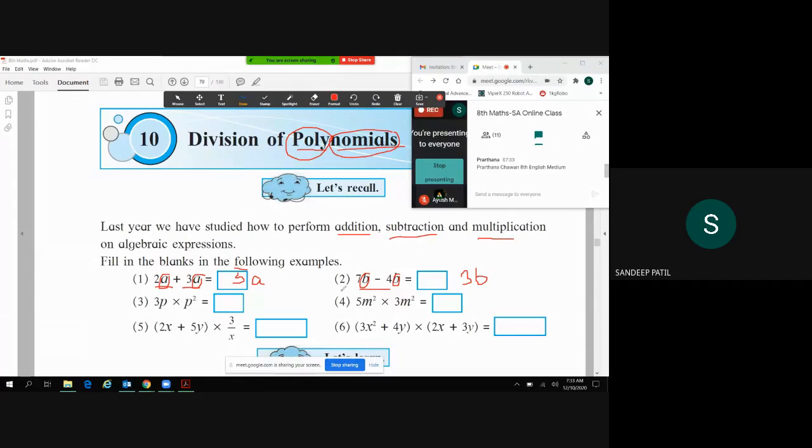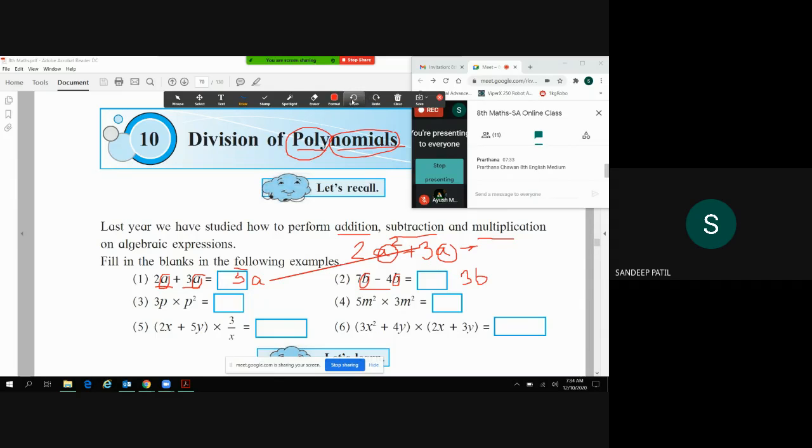So the main thing to observe while addition or subtraction is that the variable should be of the same form. If we take 2a square plus 3a, we can't add this, right? There are certain rules that the variable should be the same. Here it is not the same, so we can't add as a common term.